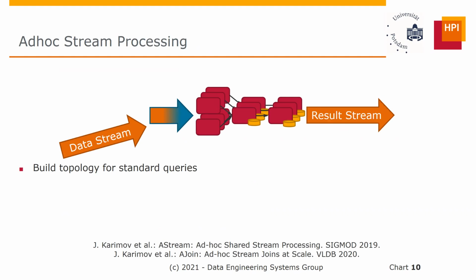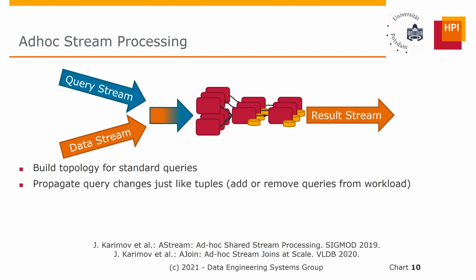And then we have our data stream, but at the same time, we might also have a query stream. So rather than just sending a data stream, we can also send the queries in as a stream and basically say, okay, this query is added, this query is deleted, and then have a result stream where we also say, okay, this result is for this query.